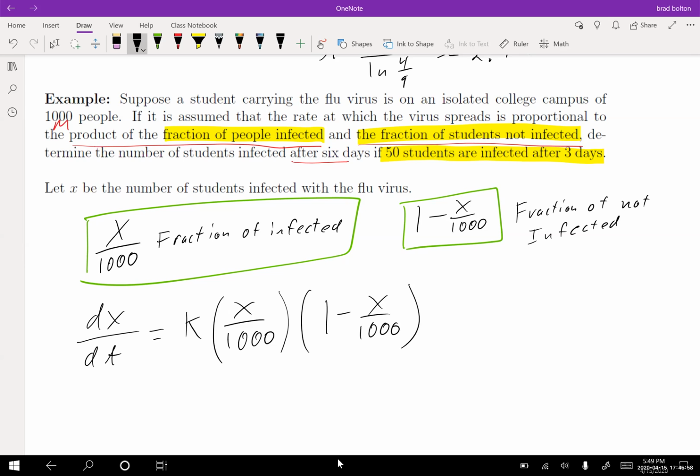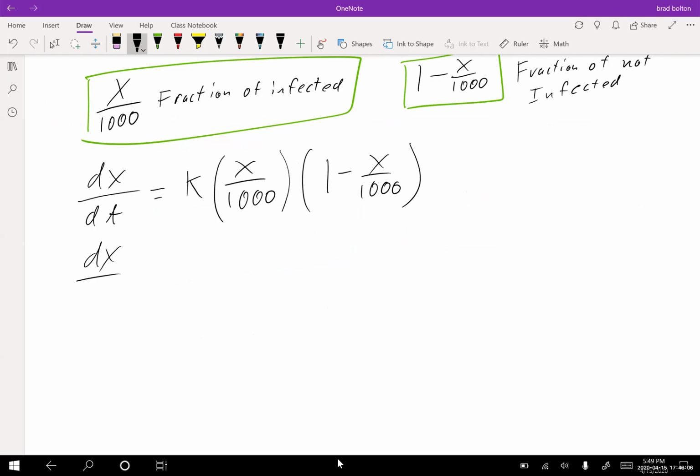So we have this, okay. Now technically I could rewrite this if I wanted. This is dx dt is equal to K over 1,000 times X times 1 minus X over 1,000. This would be another way to write it, right?